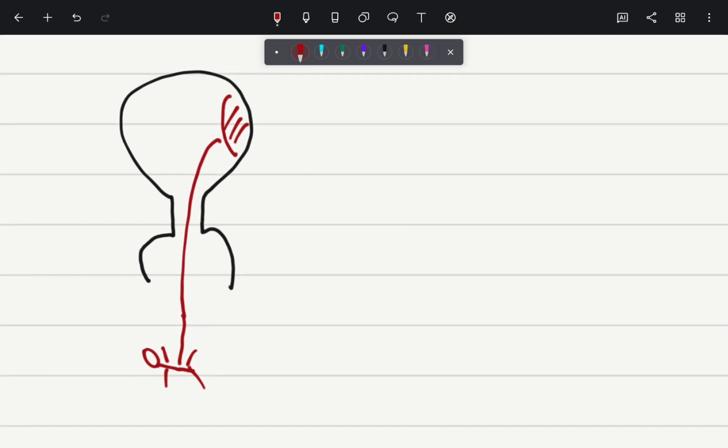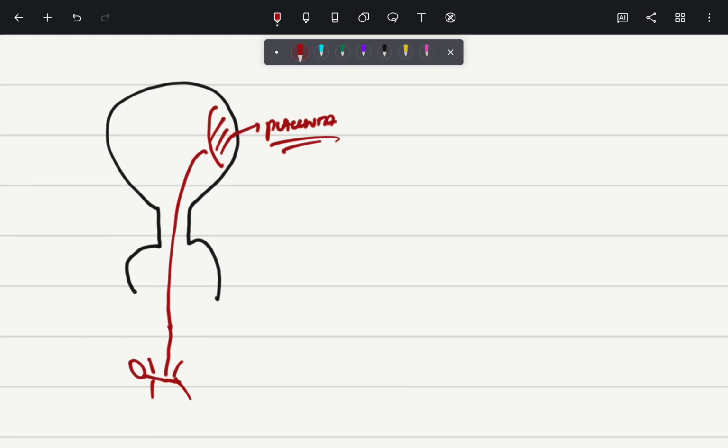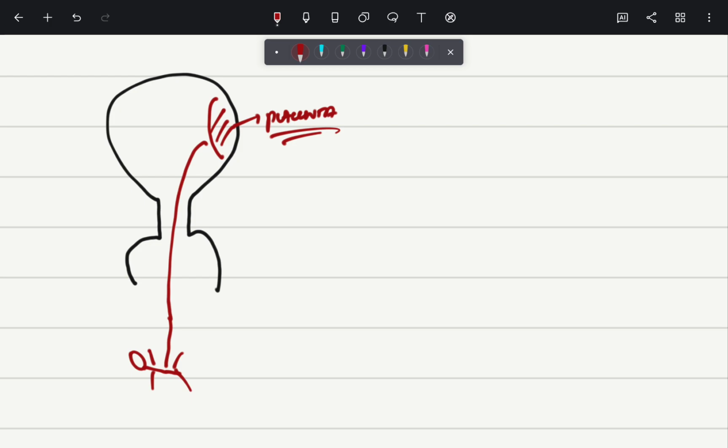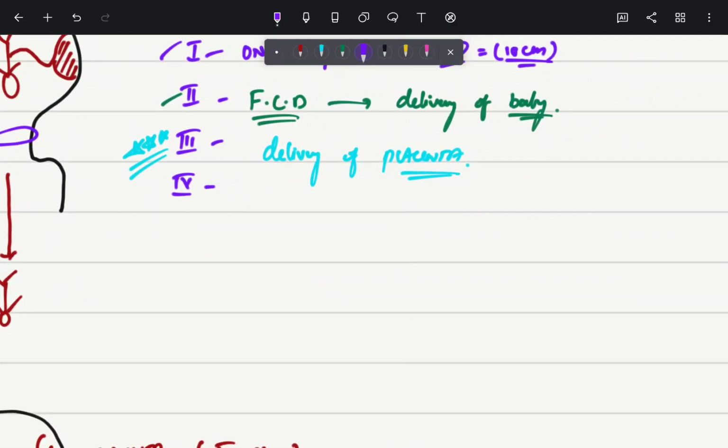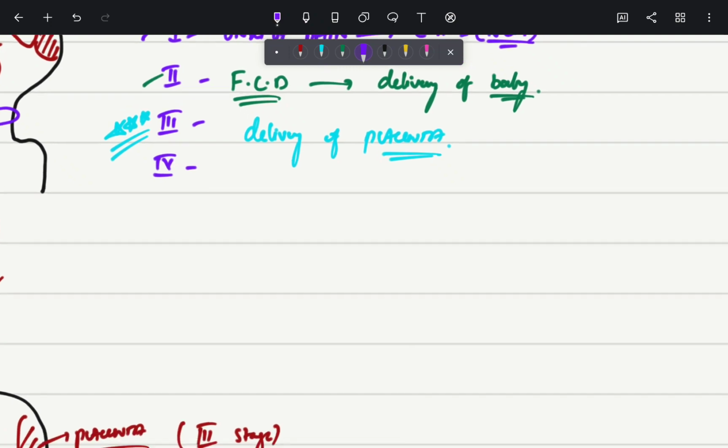Okay, now this placenta is getting retained in the uterus, so we have to remove this placenta. So we have to deliver this placenta outside. So this is nothing but third stage of labor. Okay, and we want to remove this placenta as soon as possible, or else there will be bleeding. Okay, so third stage of labor is nothing but delivery of the placenta from the uterus to the outside.